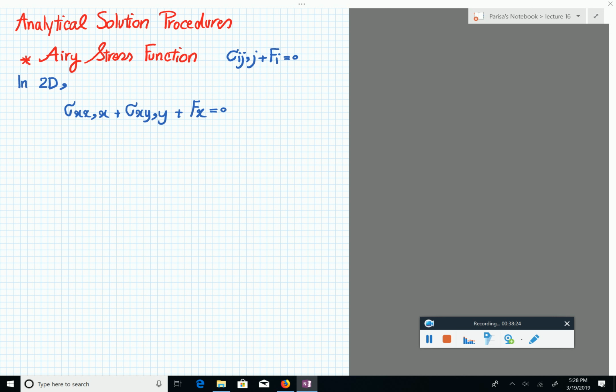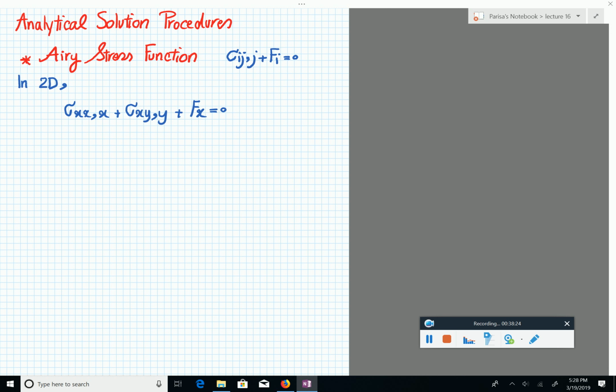Now, suppose that the body force is a conservative field. What can we say about a conservative field? Yes, that's the concept. Exactly, the curl is also equal to 0. We can say that the force is related to the gradient of a potential function, right?